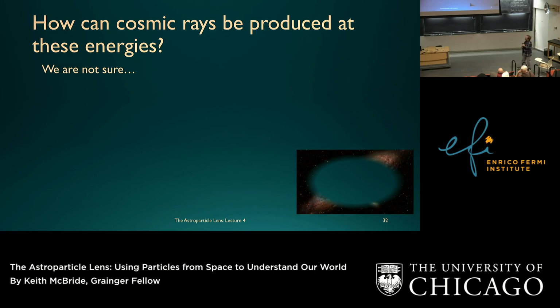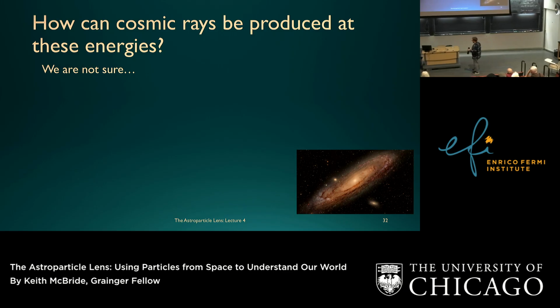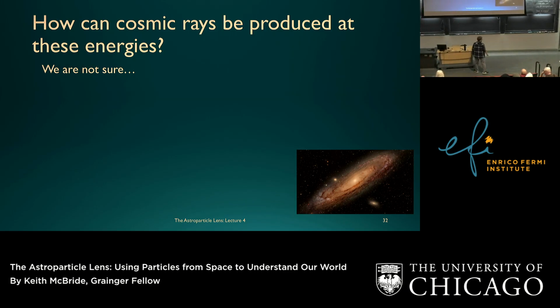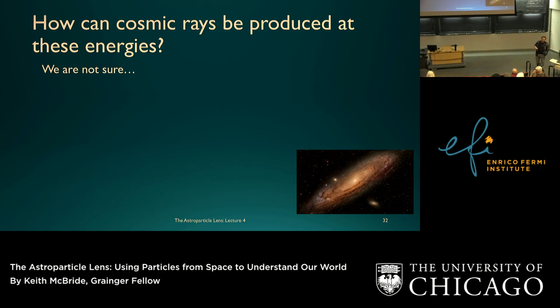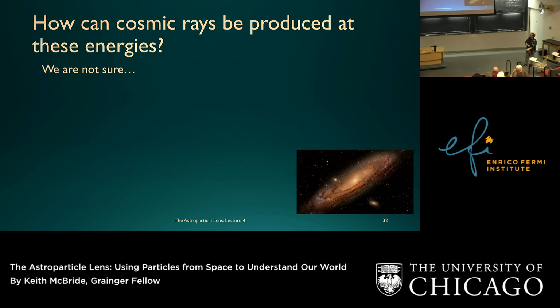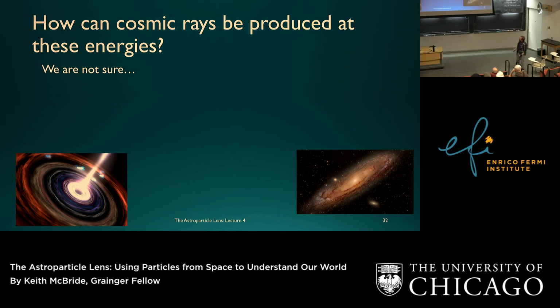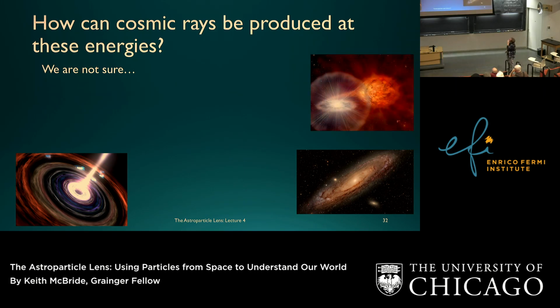We have some ideas, such as active galactic nuclei, which have extreme fields and material falling into black holes, producing and accelerating particles to extremely high energies. We also have things like supernova remnants maybe, but at a different scale than what's happening in the Milky Way. The thing we do know is that charged particles can be accelerated by strong fields.